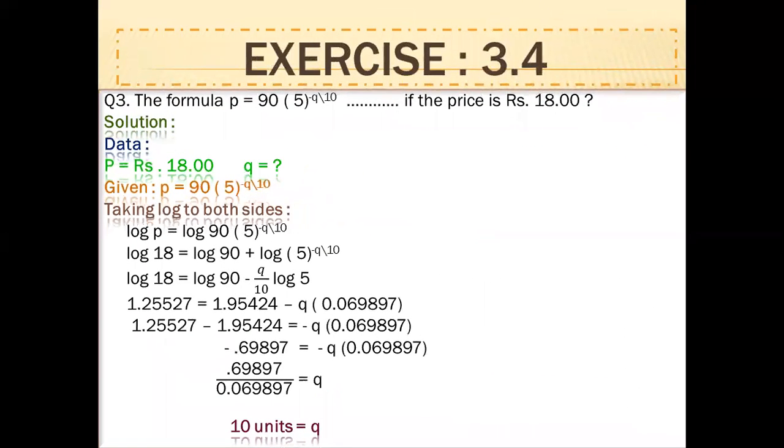Same in question 3, P is equal to 90, 5 power minus q by 10. Take the log to both sides. After applying the laws, we see that log 18 is equal to log 90 minus q over 10 log 5. Here again, you can directly find the log of 18 with the calculator. Log 90 and log 5.